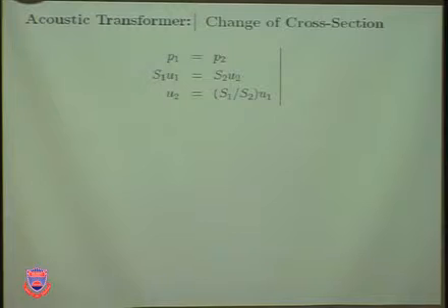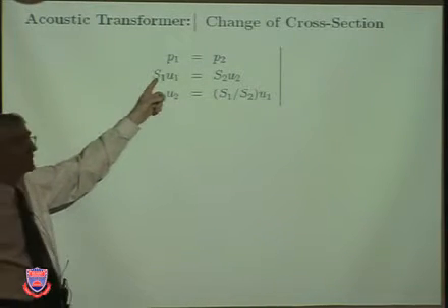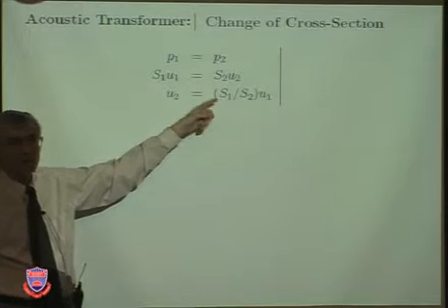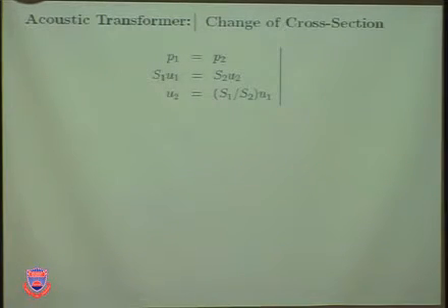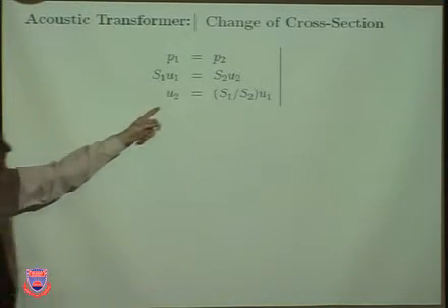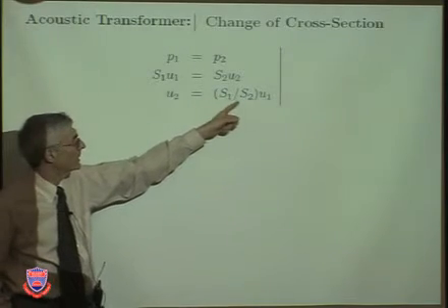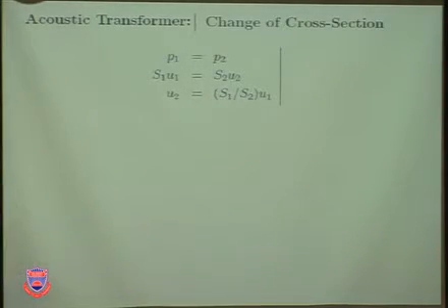Well, when you do that, if one area is larger than the other one, then essentially you are amplifying the particle velocity. Remember earlier we had a large amplitude for the pressure transmitted, okay? It's an amplifier. See, particle velocity is now changed as a ratio of the areas. This is called an acoustic transformer, and the concept is usually used for horn speakers as follows.